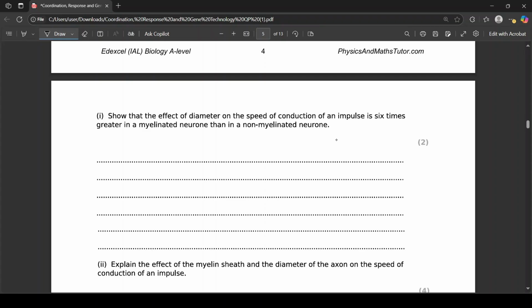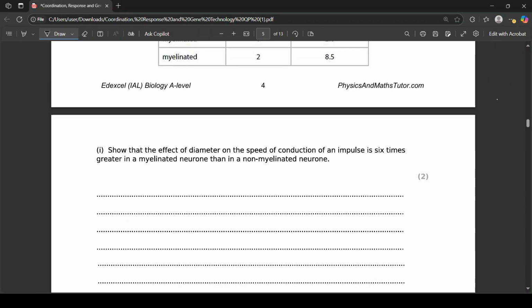We know that if a neuron is myelinated, then the speed of conduction of an impulse would be greater due to myelination, and if it is a non-myelinated neuron, then the speed of conduction would be lesser. So we have to show the effect in terms of the maths.